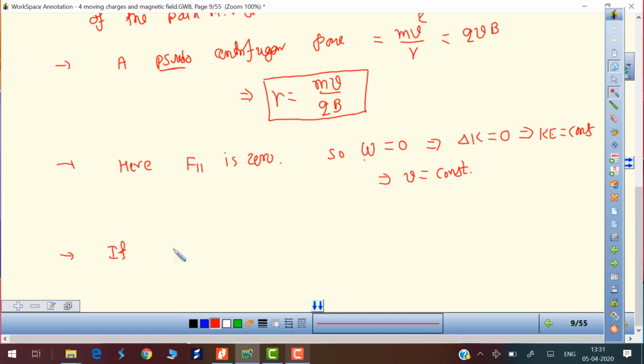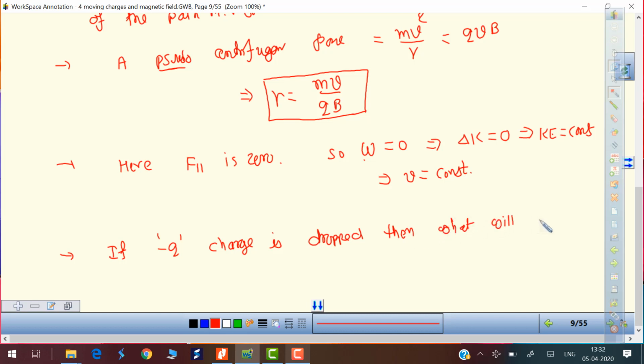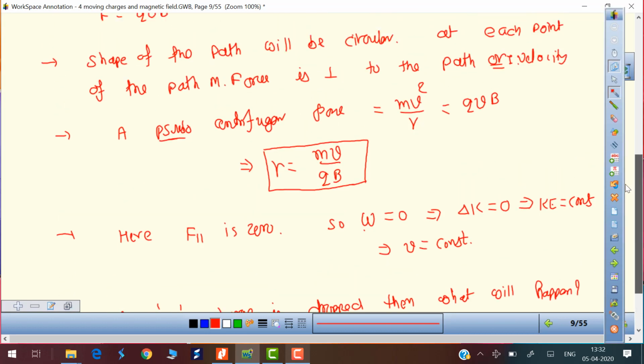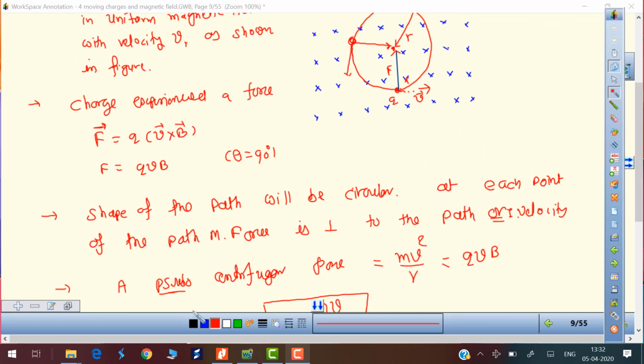If a minus q charge is dropped, then what will happen? If it is a negative charge, then I have to put the negative sign over here. So this is a negative force.